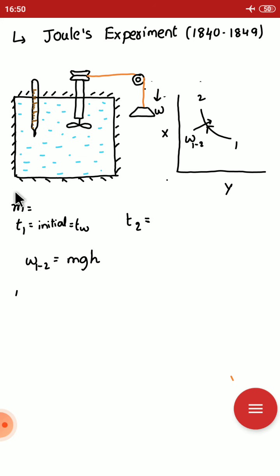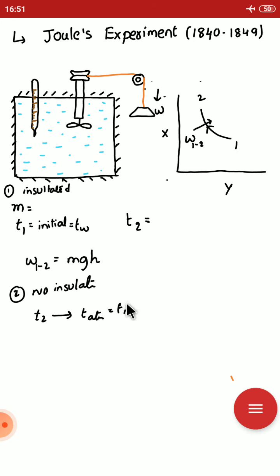This is the first case, the insulated condition. Next, if you remove the insulation, let the water cool until it reaches atmospheric temperature, that is T1.